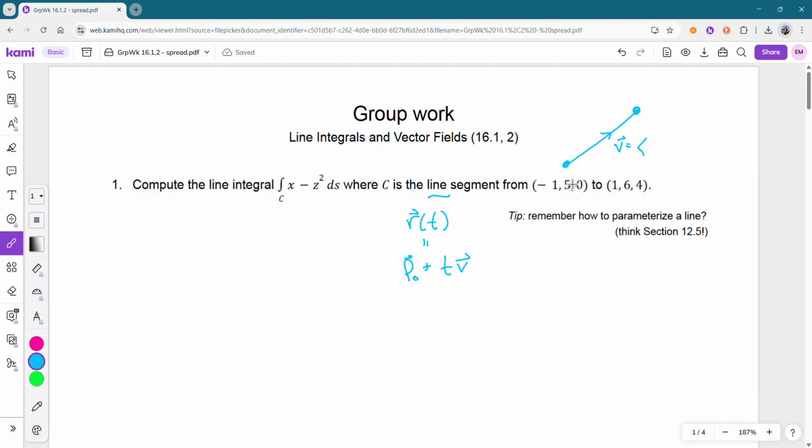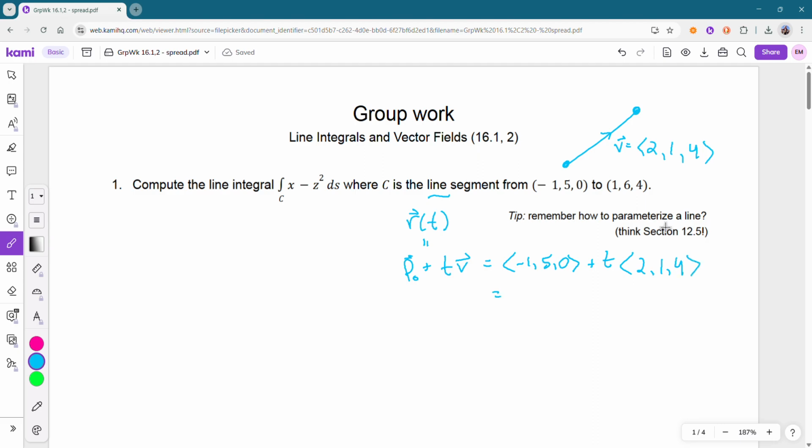And so 1 minus -1 gives us 2. Then 6 minus 5 gives us 1, and 4 minus 0 gives us 4. This gives us the change in x, y, and z between these 2 points. And so feeding that in, we have our starting point plus all scalings of this direction vector.